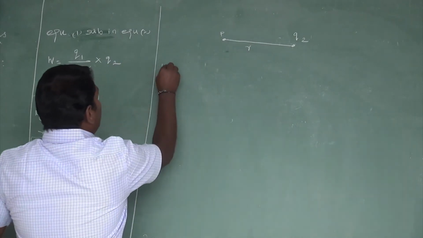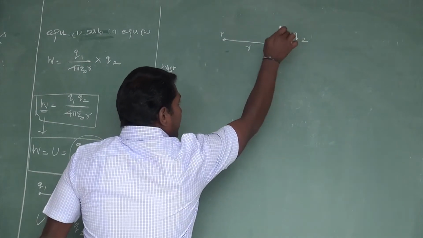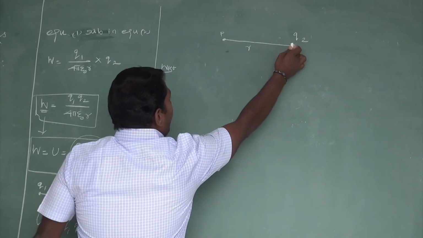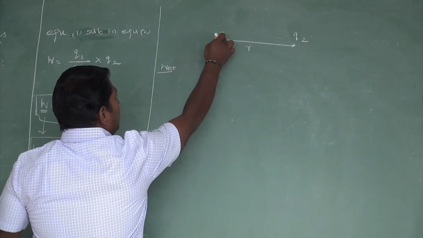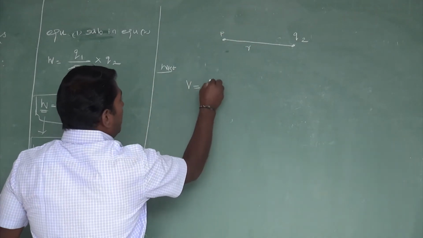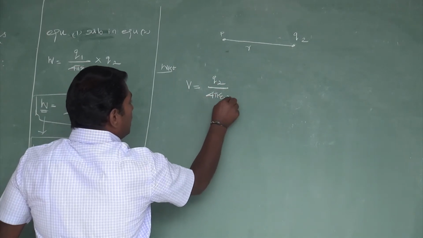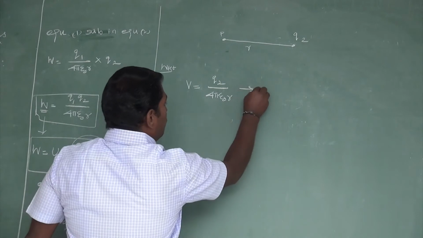So we know that the Q2 point charge placed at the same position produces electric potential at point P with the same distance r. That potential is V is equal to Q2 divided by 4 pi epsilon naught r. This is equation number 1.